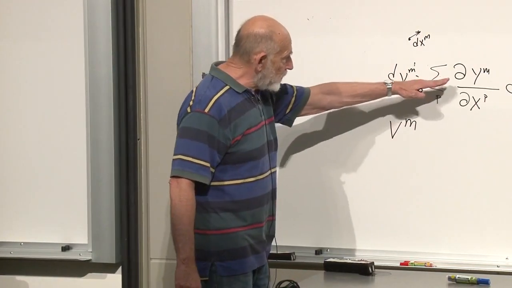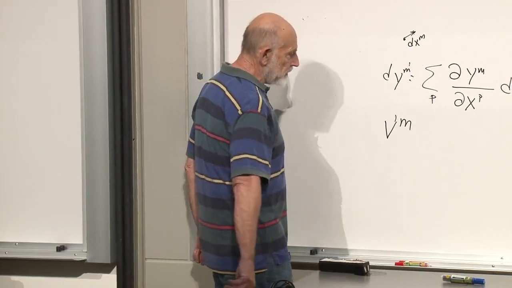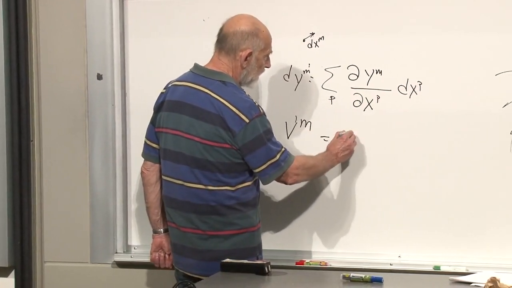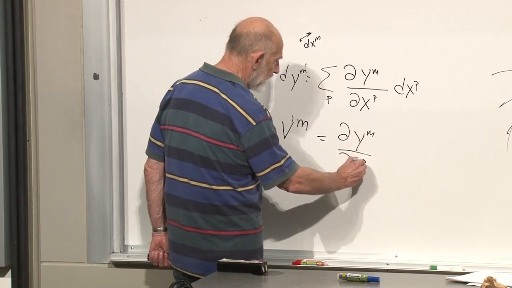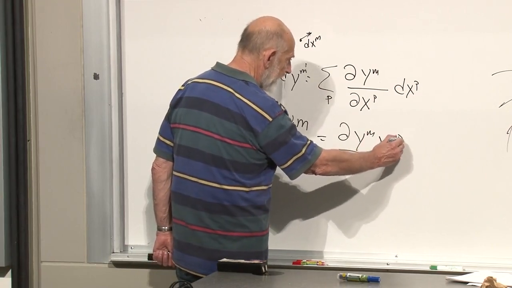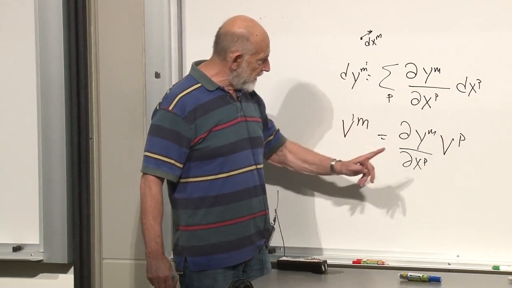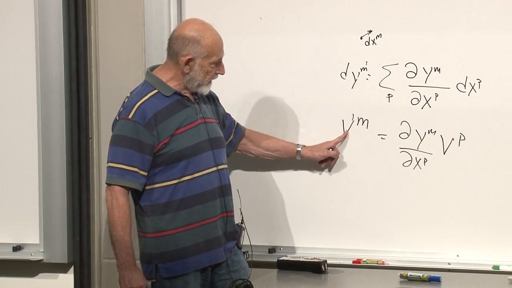Okay, a thing which transforms in this way, and I will now write it, in the primed coordinates, Vm is equal to dym by dxp times Vp. This is the pth component of a vector. This is the mth component of the vector in the primed reference frame.